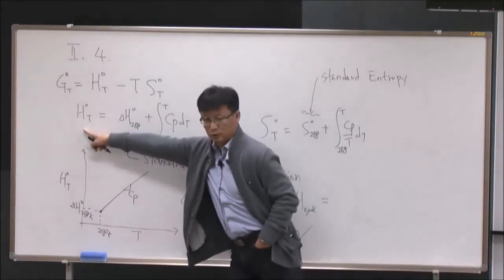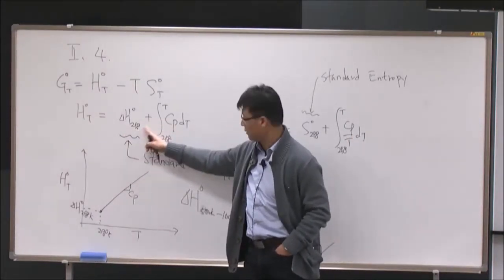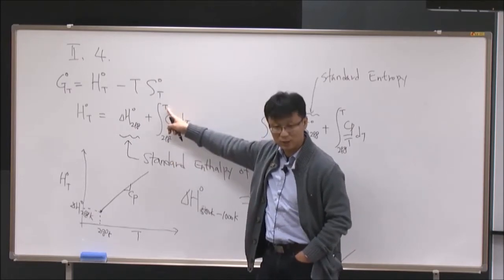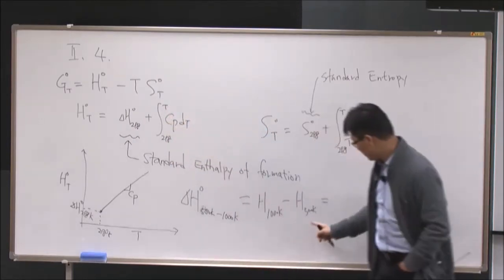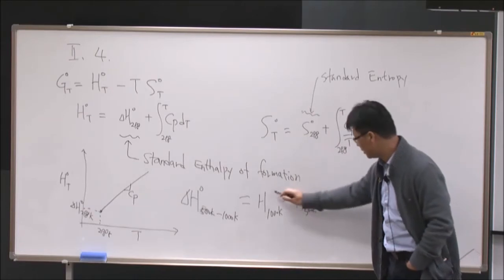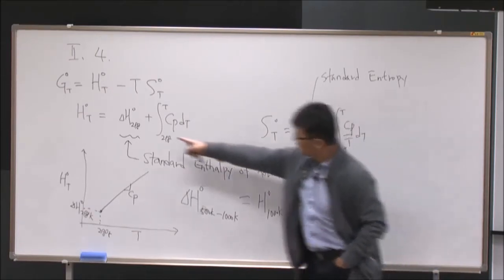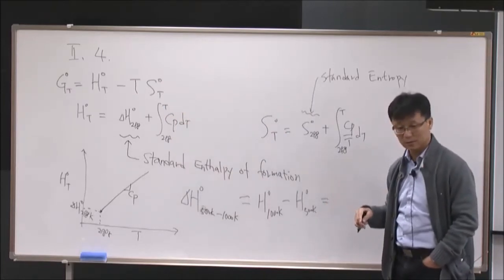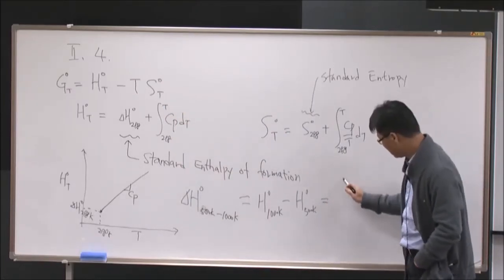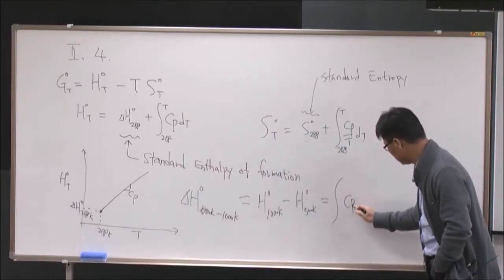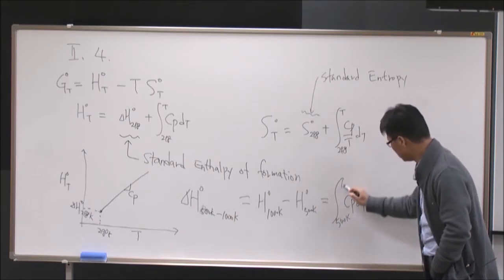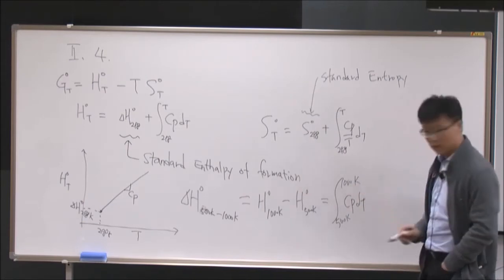So H at 1000 Kelvin is delta H 298 plus the integral of Cp dT from 298 Kelvin to 1000 Kelvin, and then minus H at 500 Kelvin, which is the same value plus the integral from 298 Kelvin to 500 Kelvin. So eventually this will be the same as the integral of Cp dT from 500 Kelvin to 1000 Kelvin.